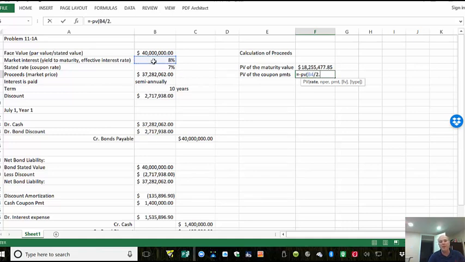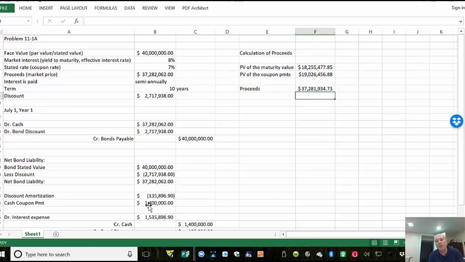Number of periods will be 10 times 2, and payment, of course, we said is 1.4 million, so I'm going to put that in, and so that gives me the present value of the coupon payments of 19,226,457. If you add that up, that will actually give you the exact proceeds that you received.